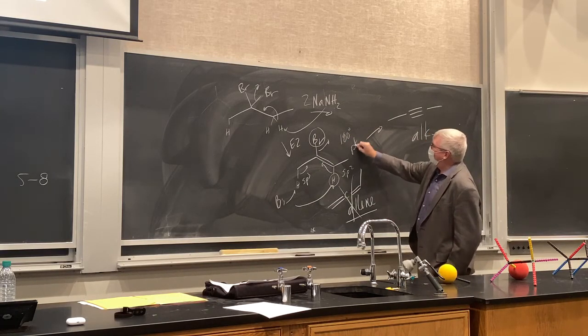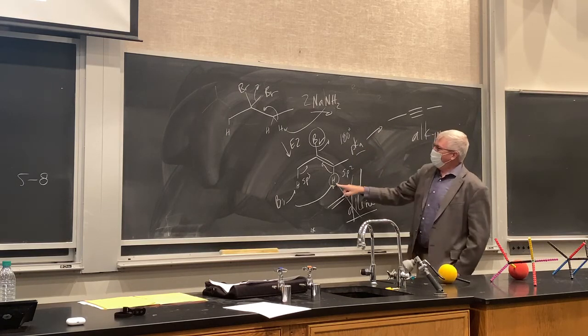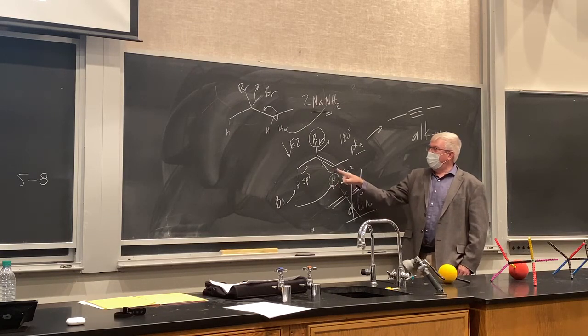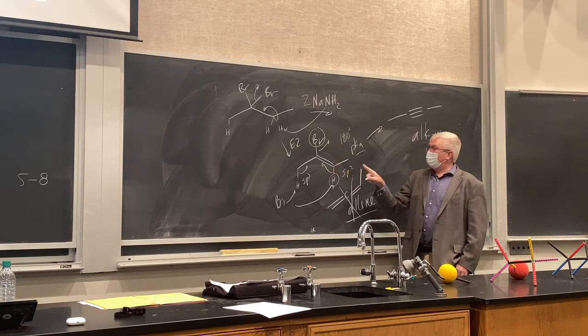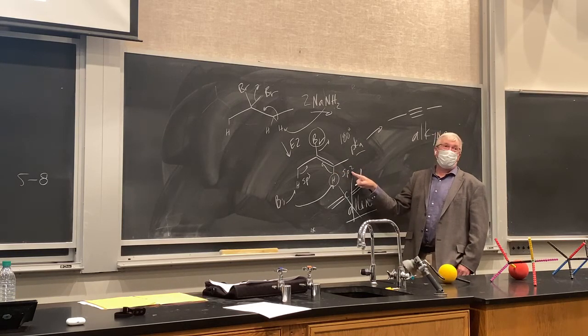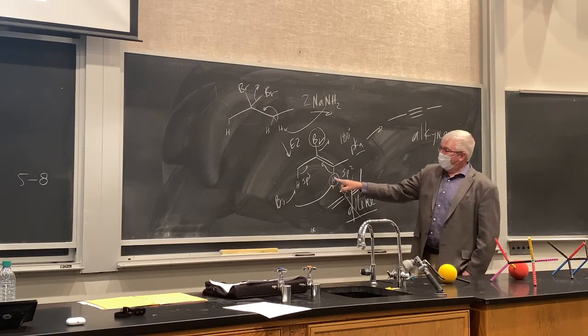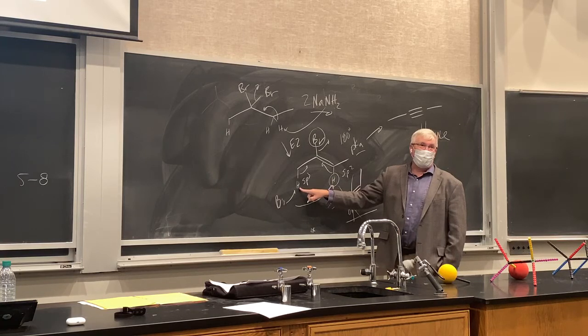The pKa's. We're removing a proton here, not a hydrogen radical, which is what bond dissociation energies reflect. We're grabbing this and leaving these two electrons here with a negative charge on there, which is actually better if you're sp2 hybridized. The pKa of this is about 40. The pKa here of an alkyl sp3 hydrogen is about 50.